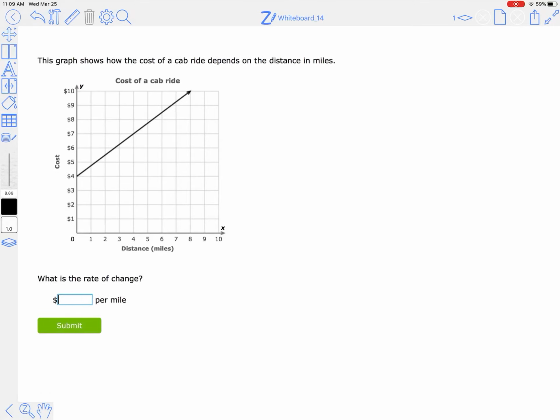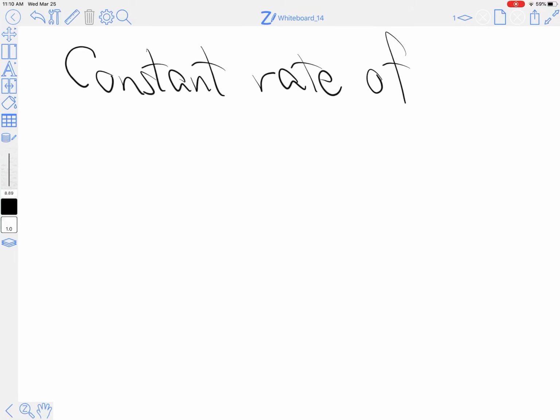A couple of things before we talk about this problem. Constant rate of change is very closely connected to slope, and some people might say that they're basically the same thing.